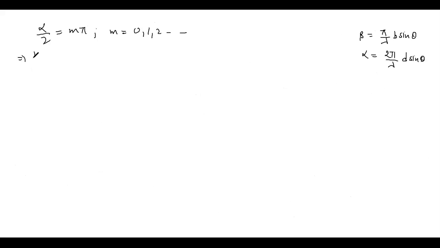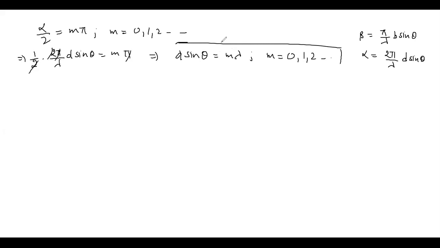That means 1 by 2 into 2 pi by lambda d sine theta is equal to m pi, which would mean that 2 cancels with 2, pi cancels with pi, d sine theta is equal to m lambda, where m is equal to 0, 1, 2. This would be your condition for principal maxima.